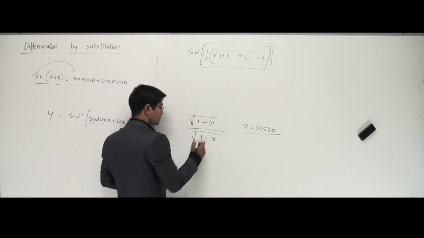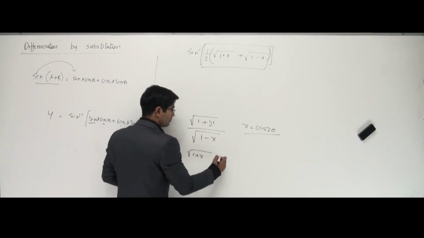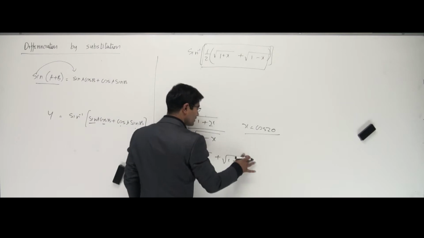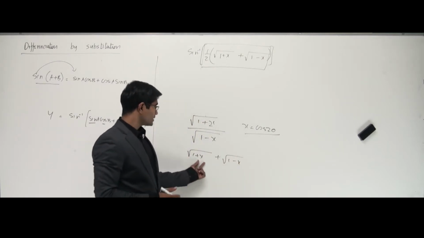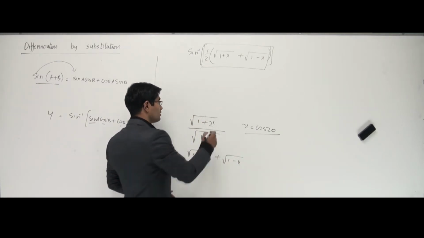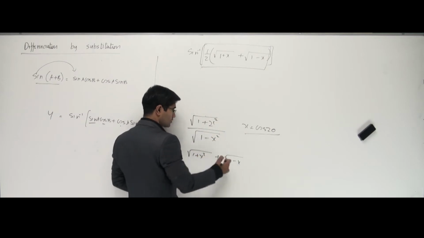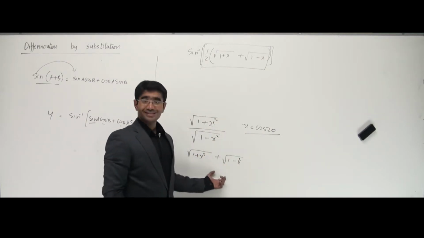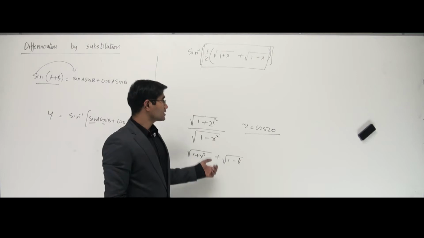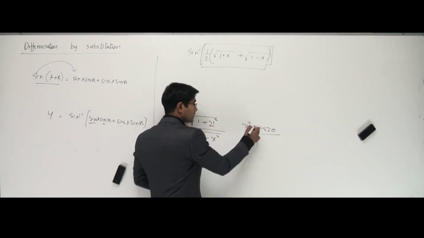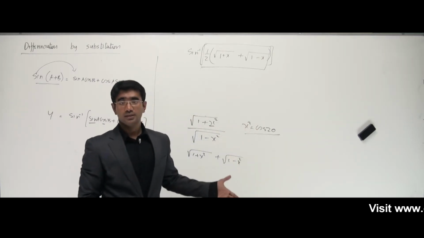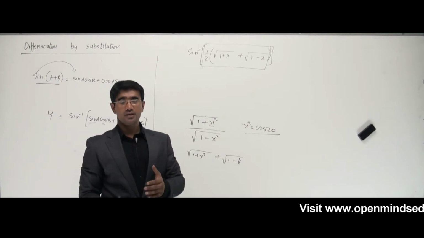Whether you have it in division or you have 1 plus x plus or minus 1 minus x, whatever it is, when you have a root and you have 1 plus x and 1 minus x, or 1 plus x squared and 1 minus x squared, if this design is seen, it's always convenient to write whatever x squared or x comes as cos 2 theta. It works really good and it can solve a lot of problems.